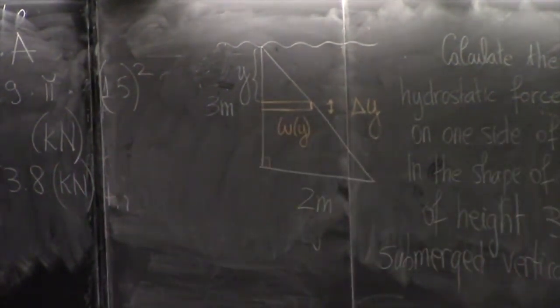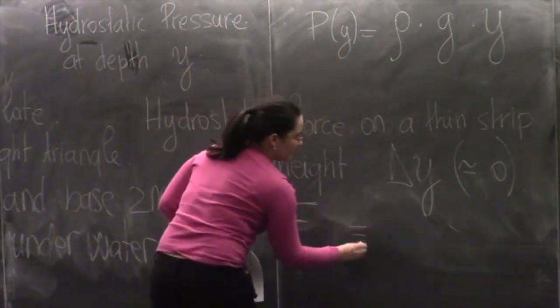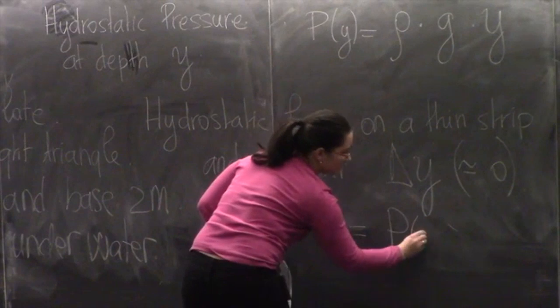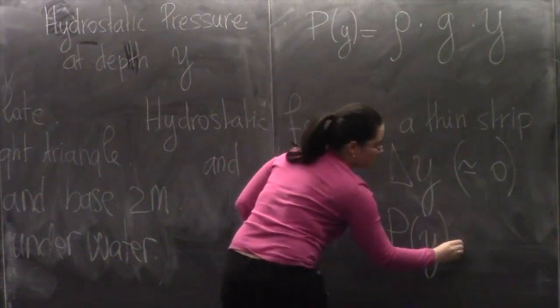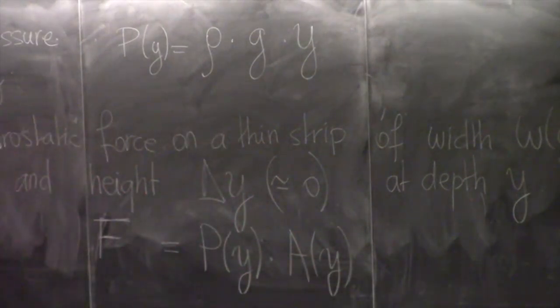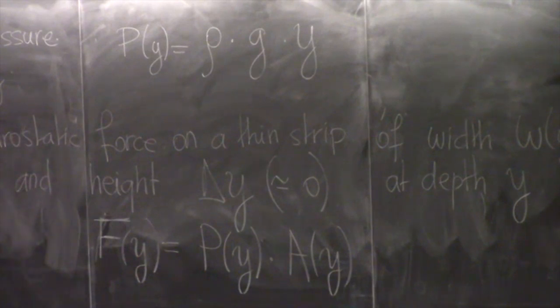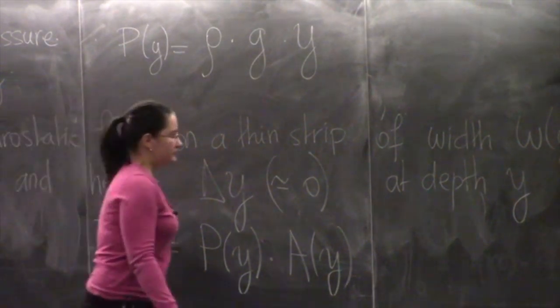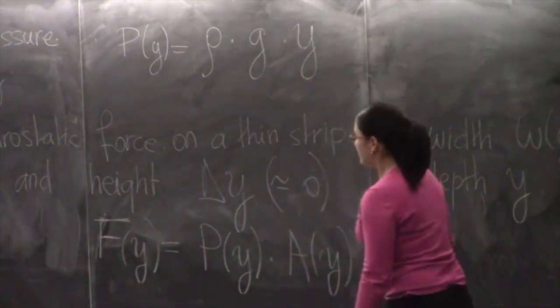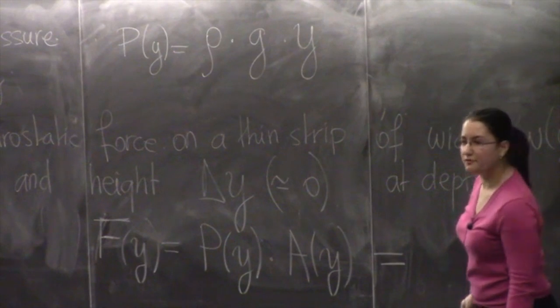So let's write the formula for the hydrostatic force. The hydrostatic force is just going to be the pressure times the area. And now, because this varies with the depth, I'm going to write them as functions. So what is the pressure then? The pressure is rho gy from before.